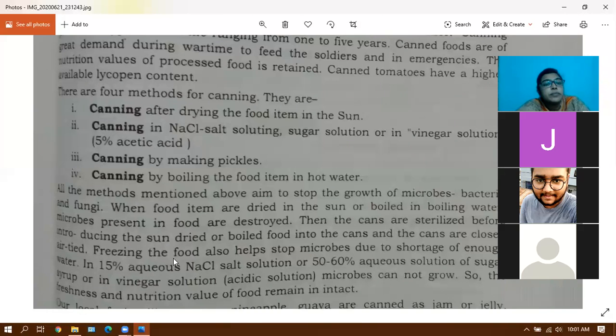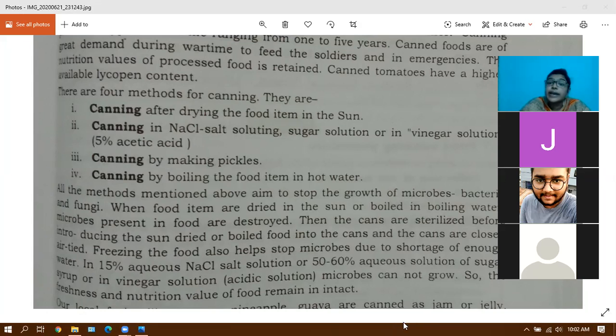All these above methods aim to stop the growth of microbes like bacteria, fungi, etc. When food items are dried in the sun or boiled in hot water, if microbes are present in food, they will be destroyed.